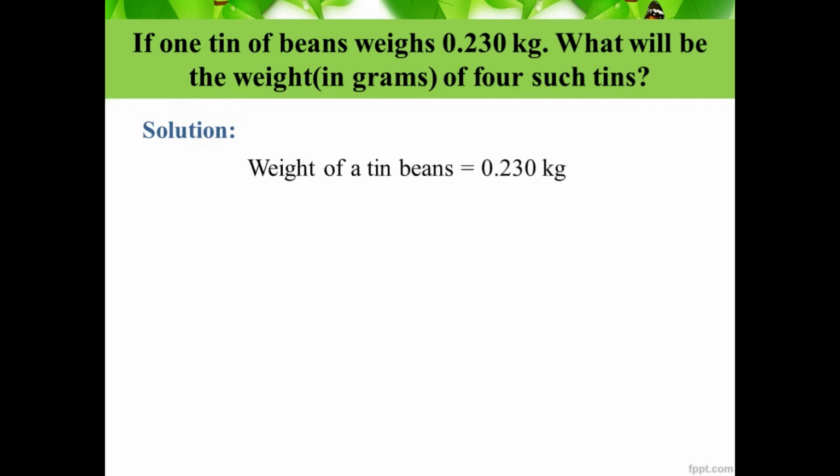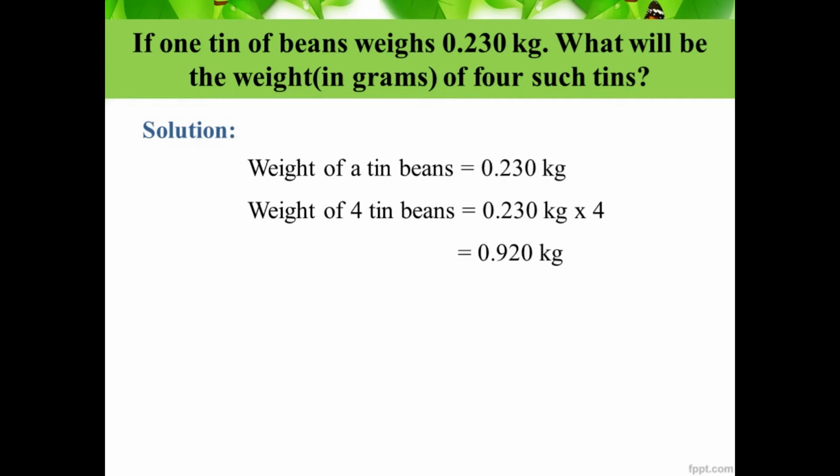Weight of a tin equals 0.230 kg. Weight of 4 tins, we have to multiply with 4. On multiplying 0.230 into 4, we get 0.920 kg.